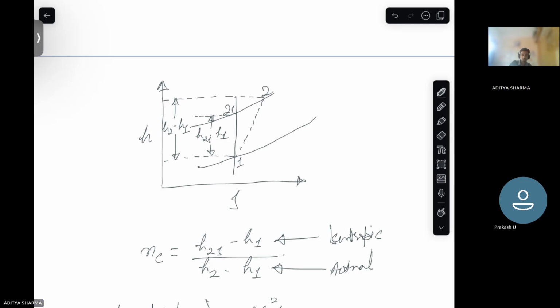For the isentropic condition, there is no change in entropy, but for the actual compression, there is an increase in entropy also.